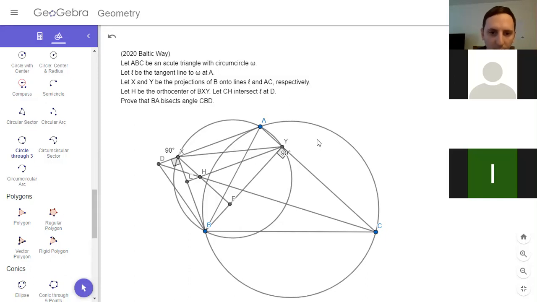Maybe it is similar triangles in some way, because BA squared is the power of D with respect to this circle, and BX times BA is the power with respect to the other circle. Let's see.